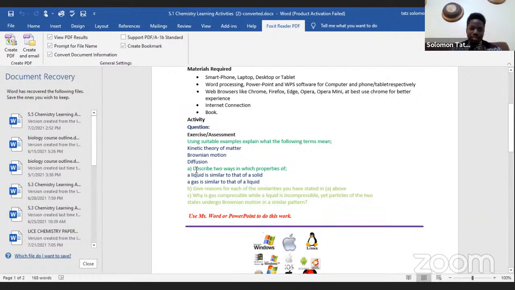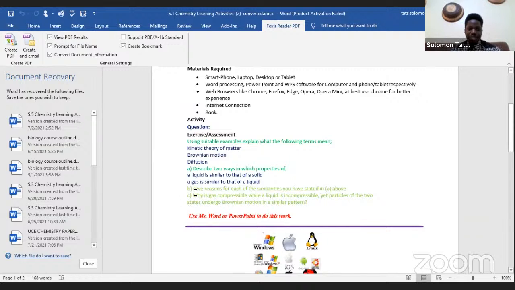Okay. Second part of the question, describe two ways in which properties of a liquid are similar to those of a solid, and of a gas are similar to those of a liquid. I've just looked at the properties of each, so I'm sure you'll be able to answer this.